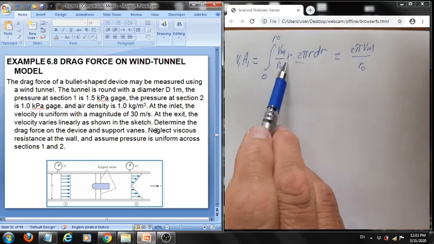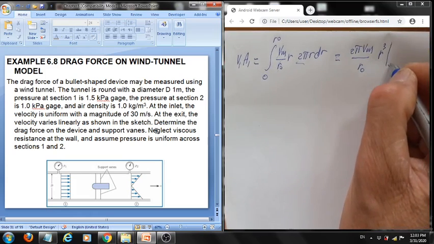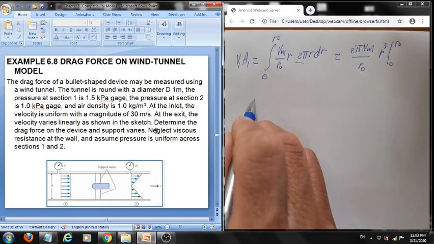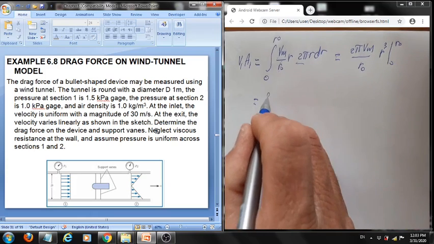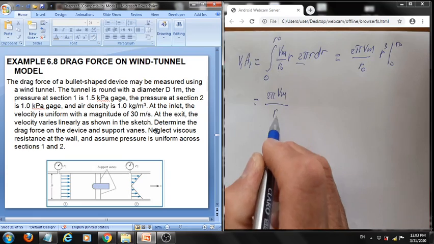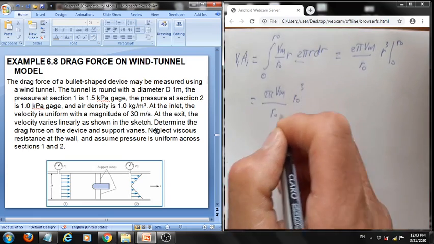The integration for r squared, which is r cubed, as r varies from 0 to r naught. Okay, so it will become 2 pi Vm over r naught cubed.